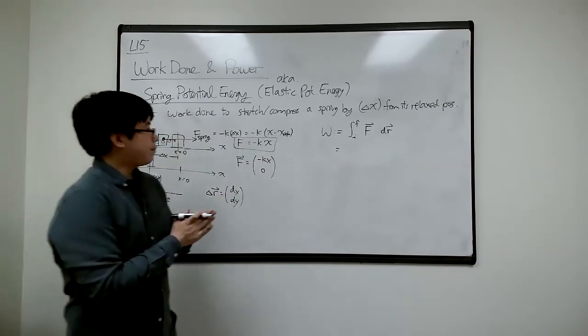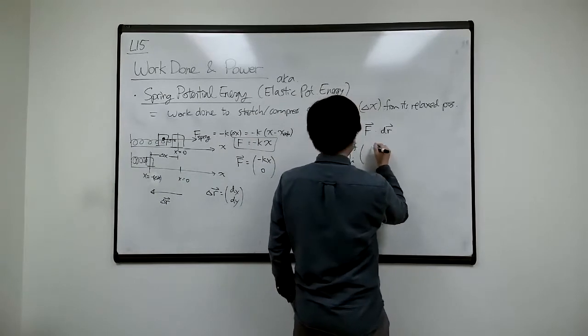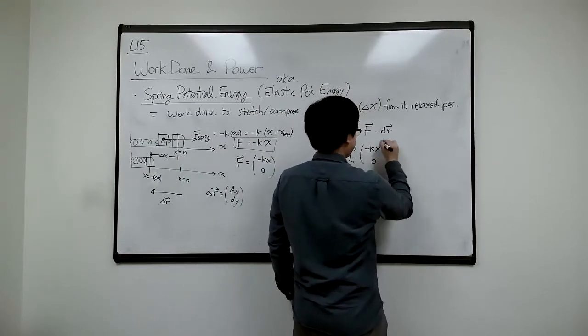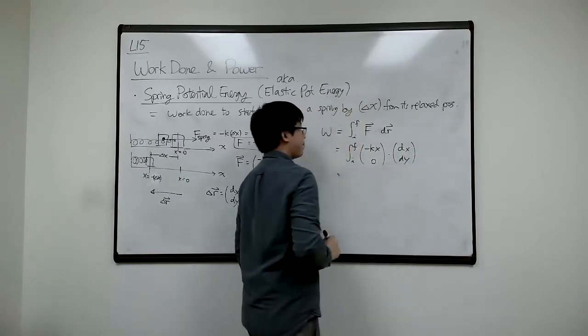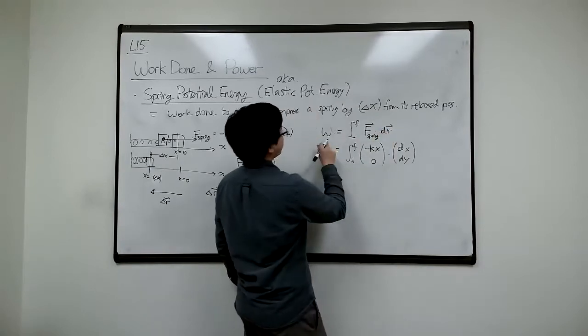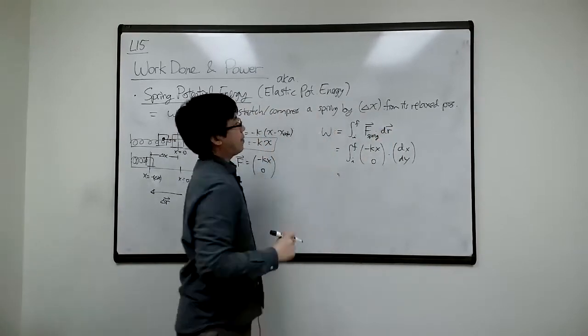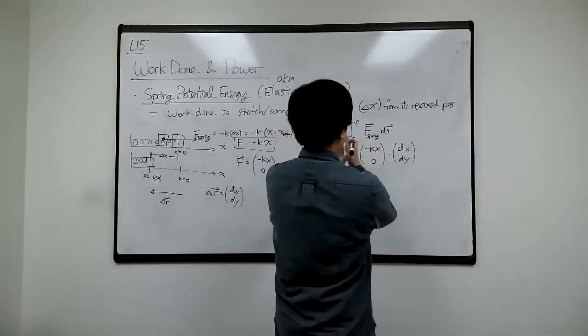Now you can put this in. Let's see if we get the signs correct as well. Minus kx, 0, dot dx, dy. This is the force of the spring, because it's work done by the spring's force.